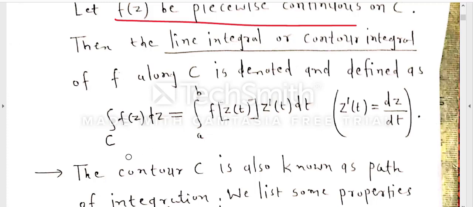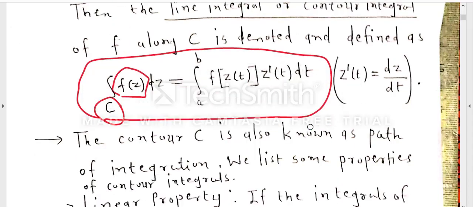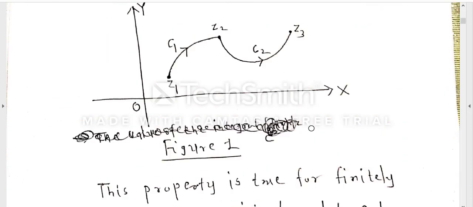We have seen how to convert a given complex function into one real variable. For that we use parameterization of this curve C or contour C. From the parameterization of contour C we are able to convert this integral from complex variable z to real variable t. Today we will see some more examples on these contour integrals.